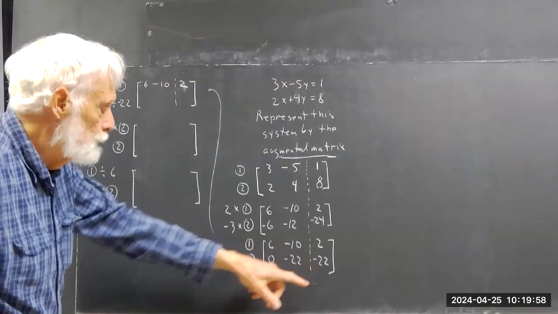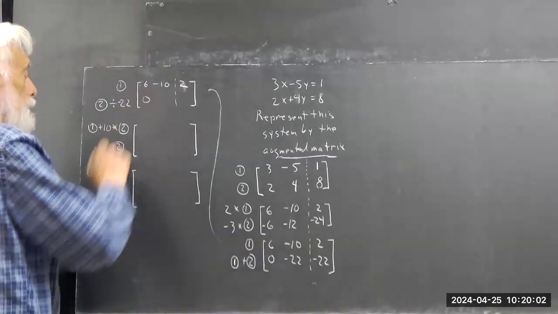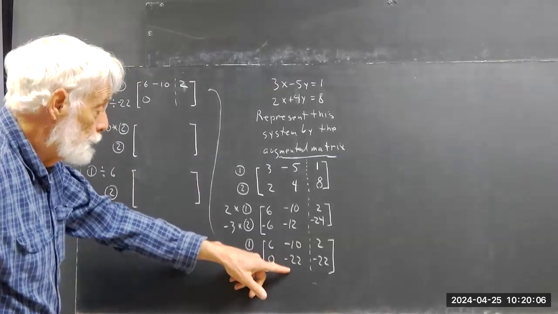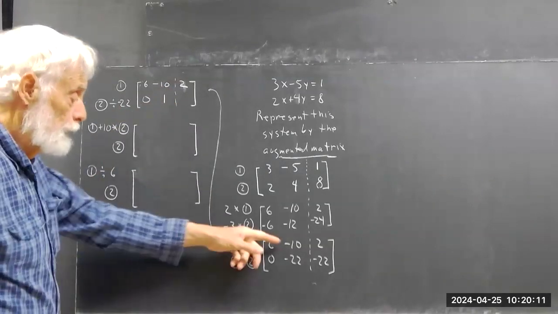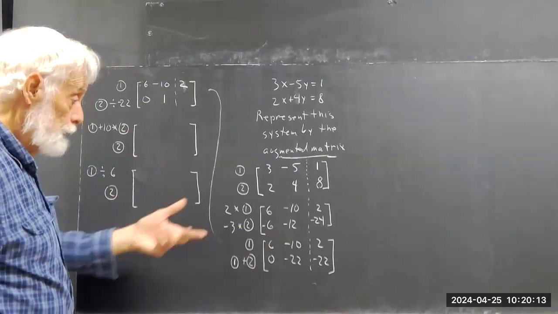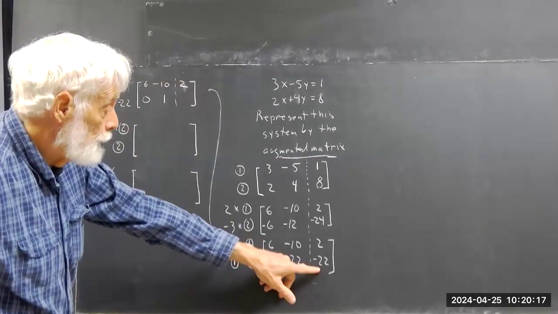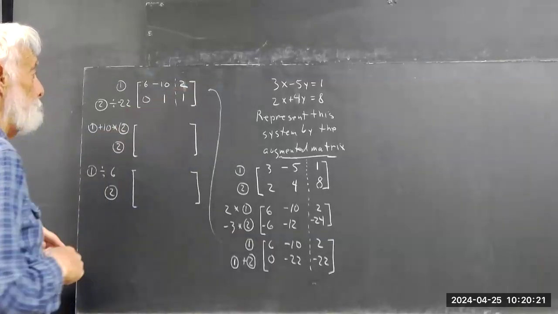Well, here's row 2. 0 divided by anything other than 0 is 0. -22 divided by -22 is 1. You divide a number by itself, it's 1. We don't need a calculator to do that, although if you want to confirm it, you can. Okay, -22 divided by -22 is 1.